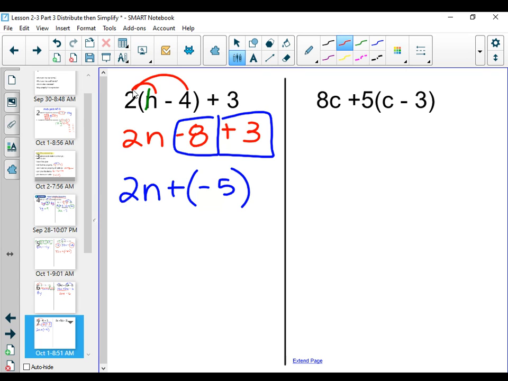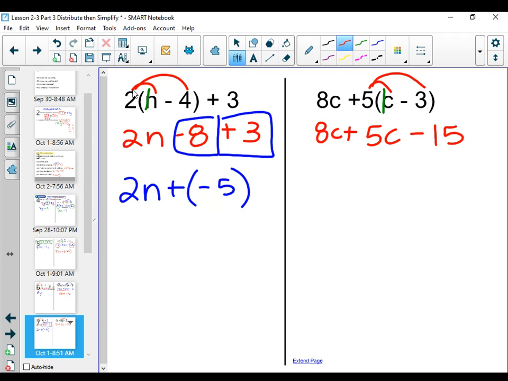On the right, how do I get rid of these parentheses? I know, distribute. 5 times 1c, 5c. 5 times 3, 15.